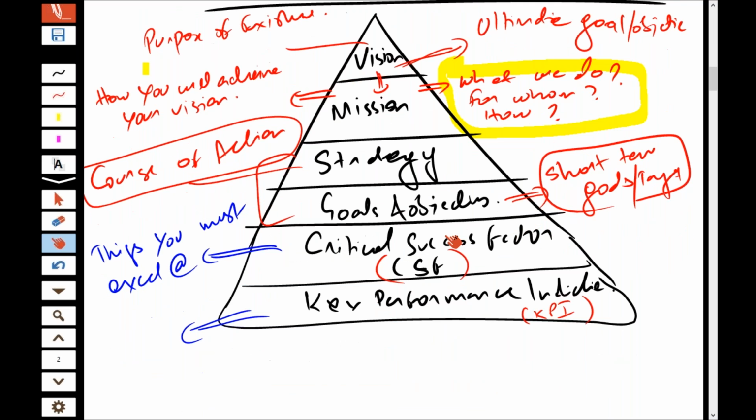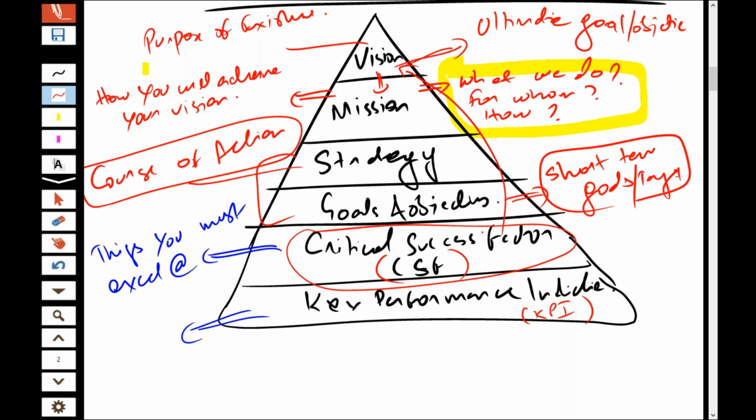So I've told you people that when it comes to an organization, this is how the performance measurement operates. Now basically, when we are measuring the performance, we need to know what the critical success factors of the organization are, because these critical success factors would ultimately lead to achievement of vision.